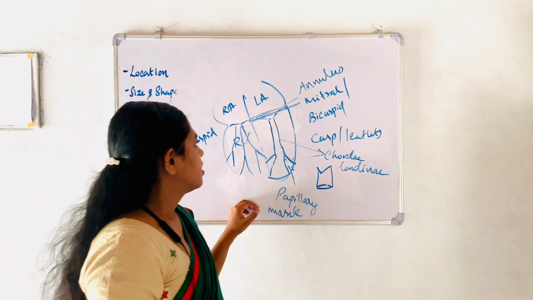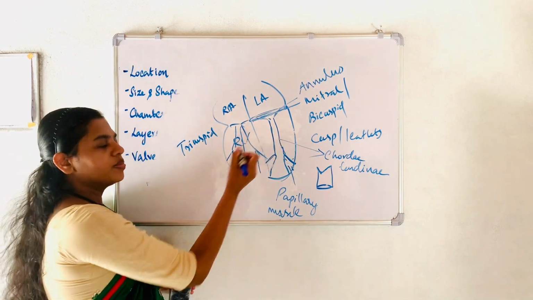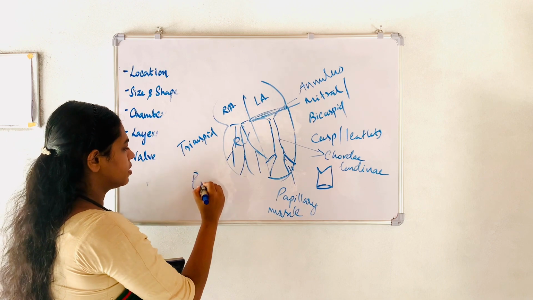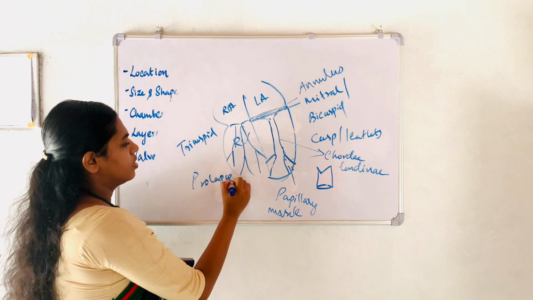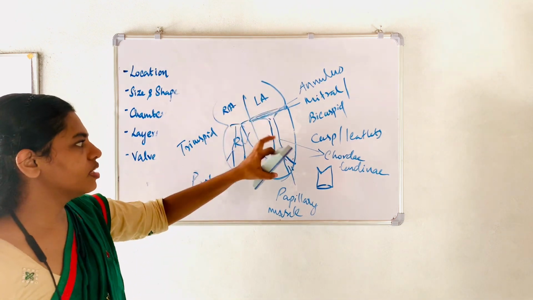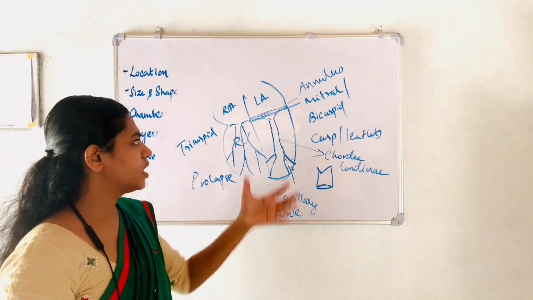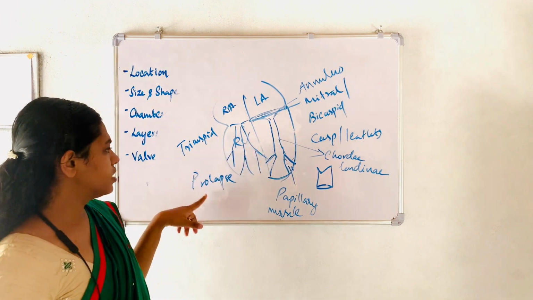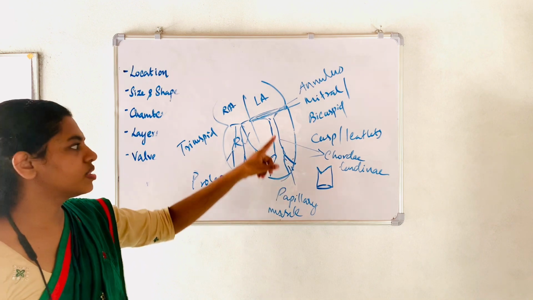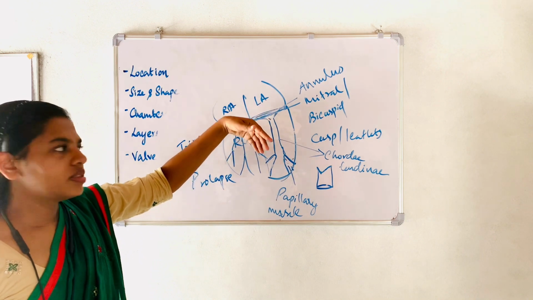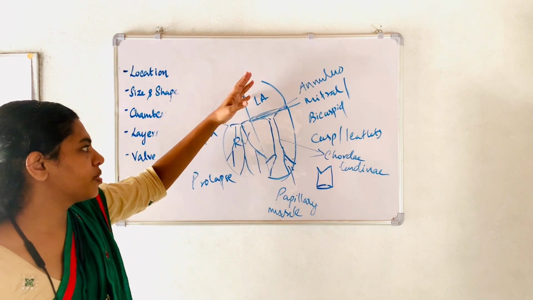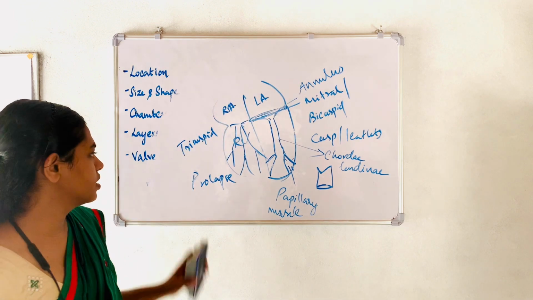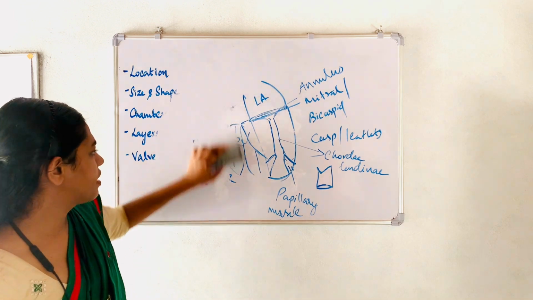This will prevent the prolapse of the leaflets into the LA when the left ventricle is contracting. So this is about the valves of the heart.